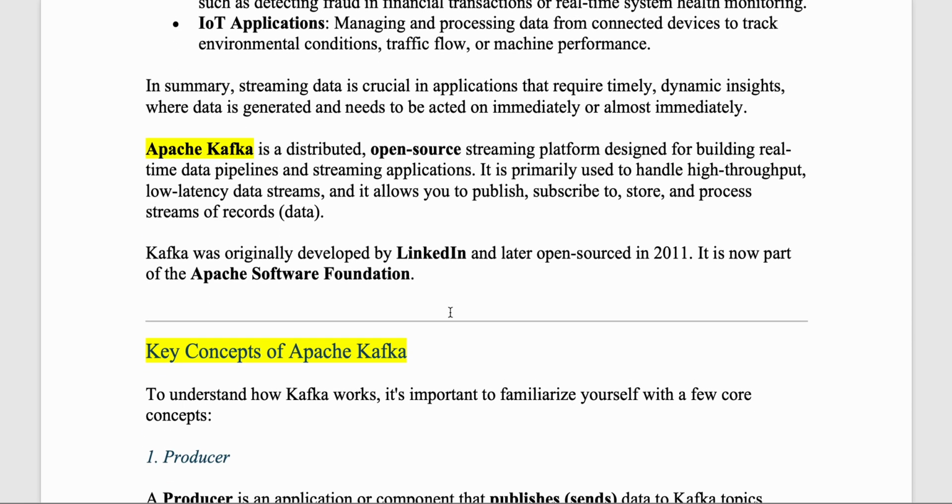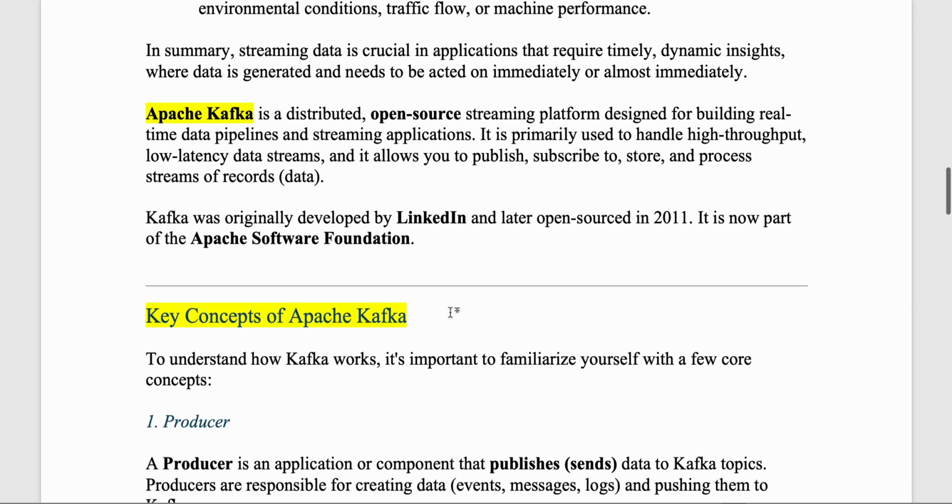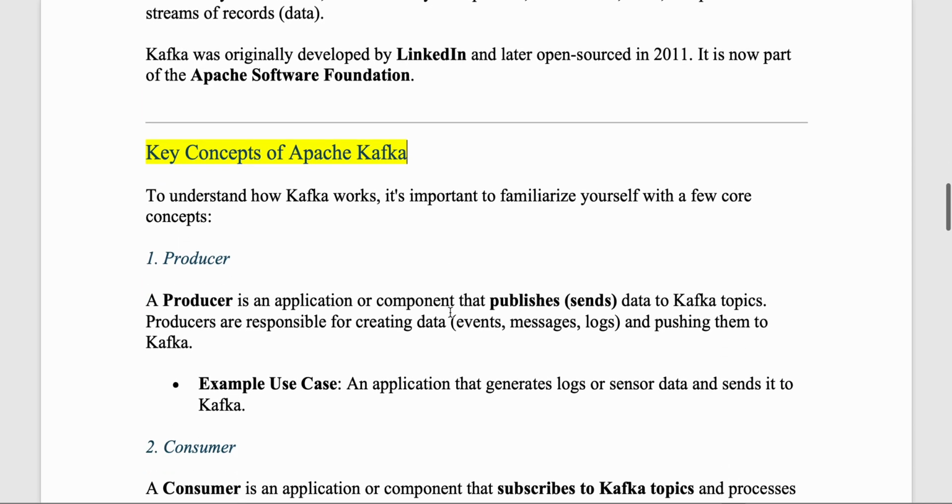It was basically developed by LinkedIn, and later it was donated to the Apache Software Foundation as open source. There are certain concepts we have to understand before writing the code, like how we get the data, how we consume topics, and how the producer, consumer, and broker system works. So first we will understand the Apache Kafka architecture.